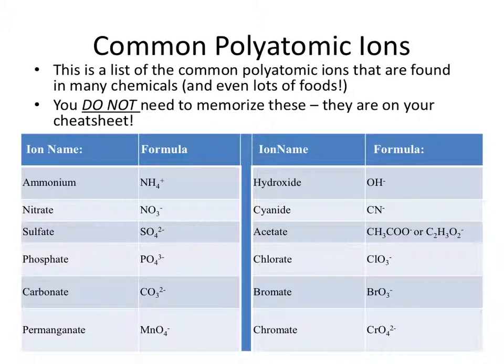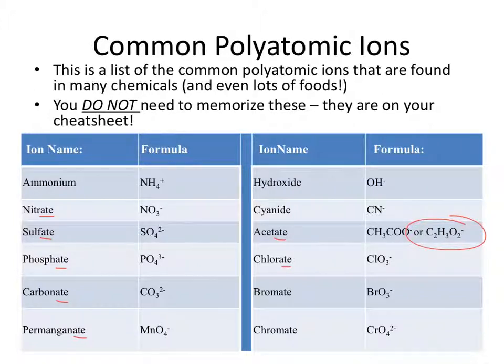All right, so these are all the common polyatomic ions that we're going to deal with. There's a lot more out there, but these are the ones that we felt are the most important for you to know. So you'll notice most of them will end in "ate." So nitrate is NO3-. Sulfate is SO4 2-. Phosphate, PO4 3-. Carbonate, CO3 2-. Permanganate, MnO4-. Let me see, acetate is a special one here, a little bigger.